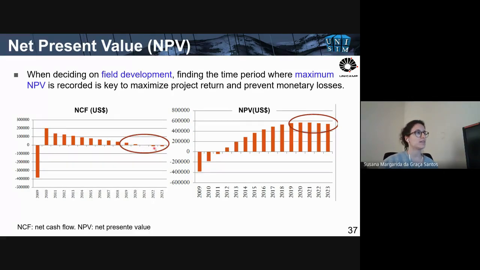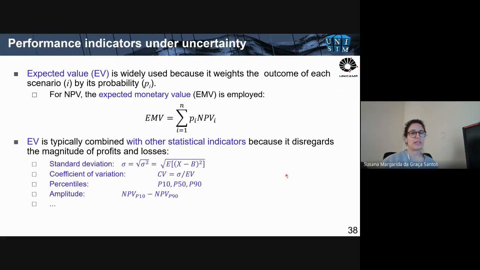And at this time, your NPV starts to decrease. So you need to understand what the maximum NPV is so that you can choose wisely the best time to abandon your field.